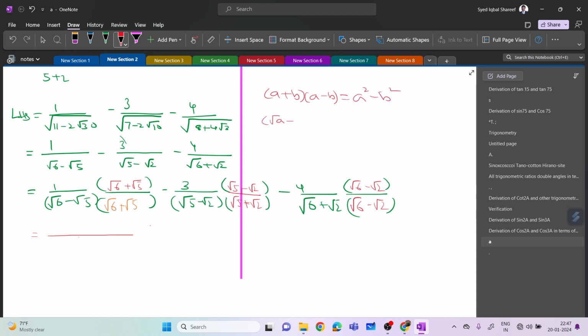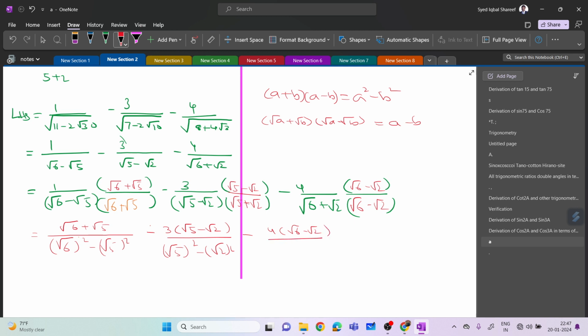Here it is root A plus root B into root A minus root B, which is A minus B. So we get root 6 plus root 5 divided by root 6 whole square minus root 5 whole square, minus 3 into root 5 plus root 2 divided by root 5 whole square minus root 2 whole square, minus 4 into root 6 minus root 2 divided by root 6 whole square minus root 2 whole square.